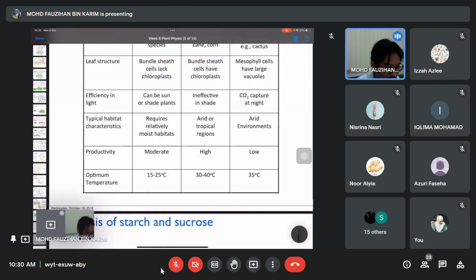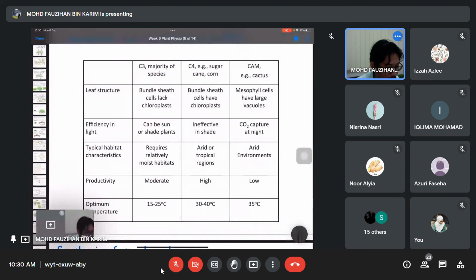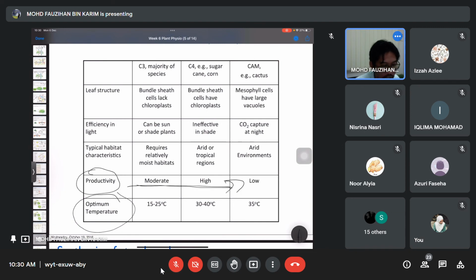Okay, you can see from here. All right, look at number one, productivity. Even though CAM is very efficient, a bit more efficient than the C3 pathway, the CAM plants normally grow in the desert.